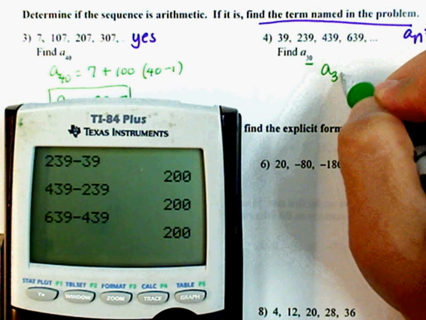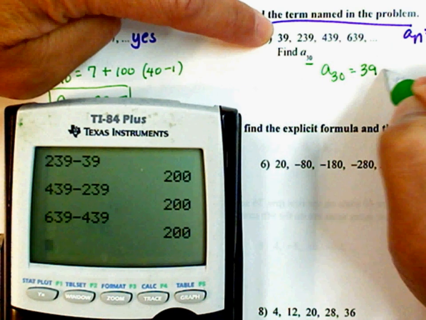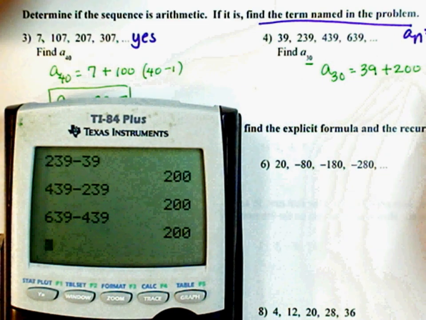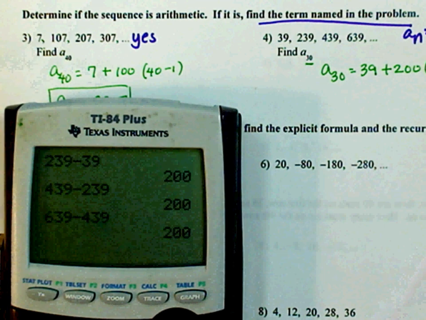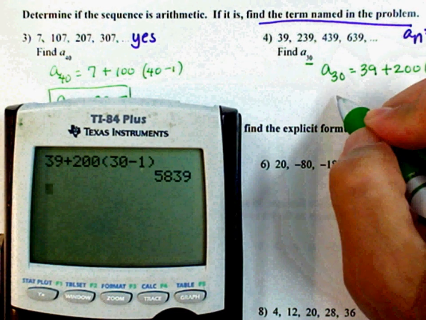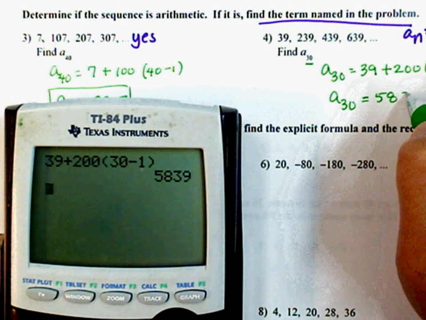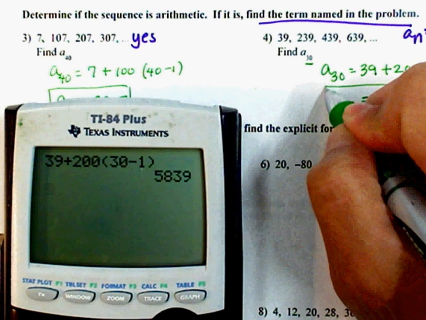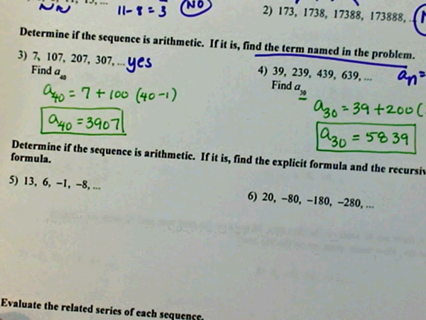So A sub 30, A sub 1, first term, plus your D, which is 200 that you found on the calculator, times 30 minus 1. So 39 plus 200, 30 minus 1. Got to type it in correctly, right? And that 30th term will be 5,839. Okay? And there you have your 4th term.